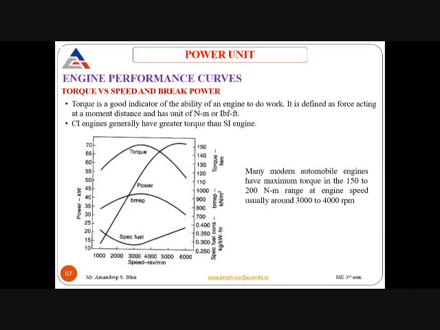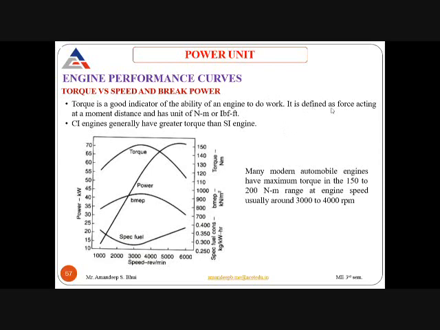But trucks, on the other hand, have higher torque. They can pull more load, but they cannot move at a higher velocity. Similarly, tractors have higher torque, but the top speed of tractors is very less. So there is an inverse relation between torque and speed of a vehicle.